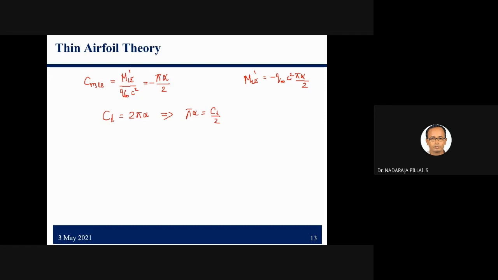So let us replace this pi alpha by CL by 2. So coefficient of moment about the leading edge can be written as minus CL by 4. Coefficient of moment about the leading edge is equal to minus CL by 4. Right?